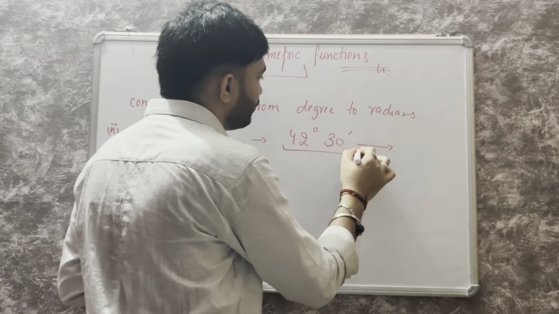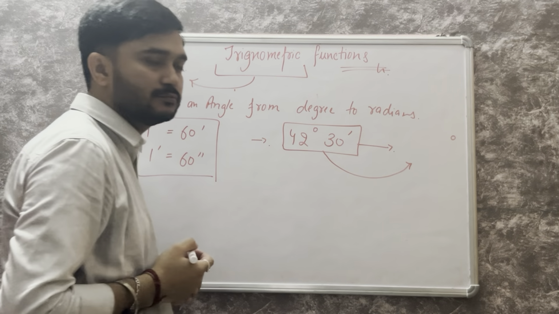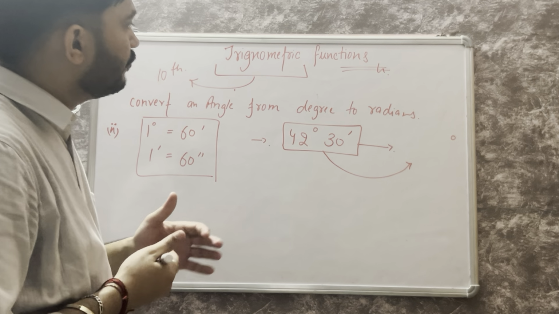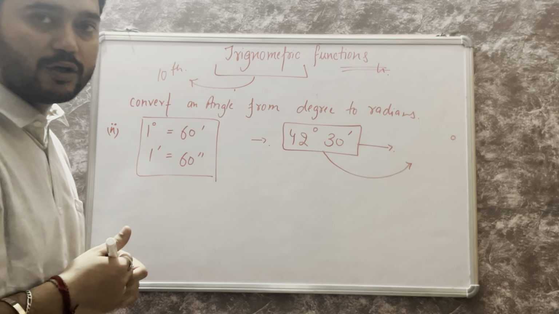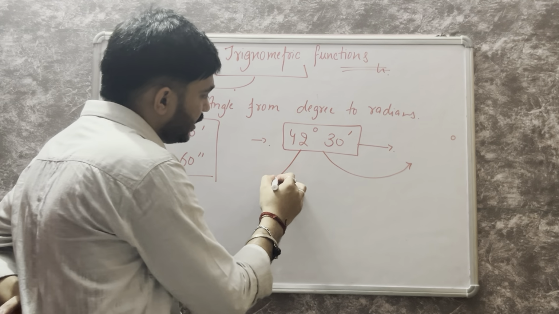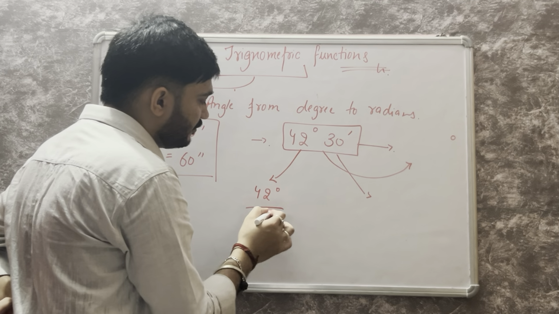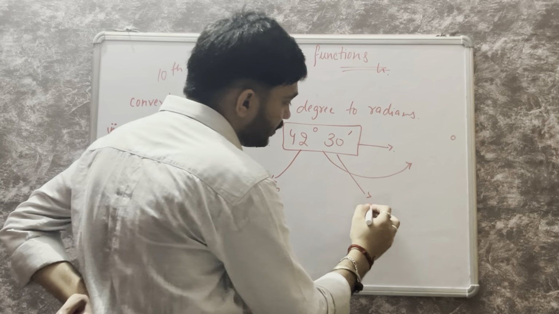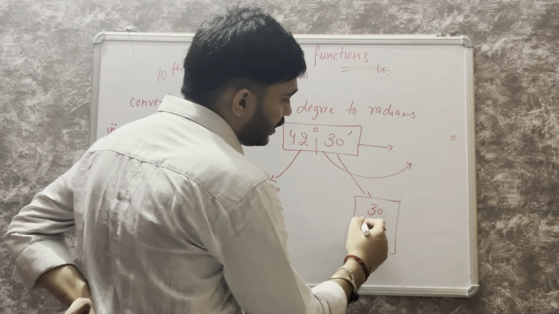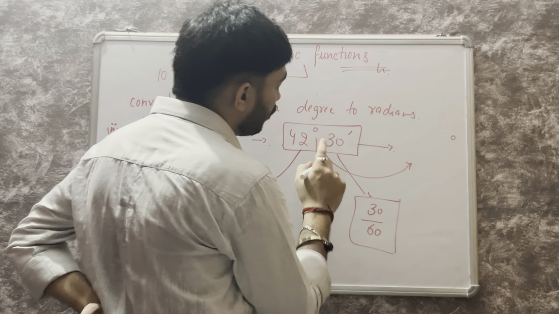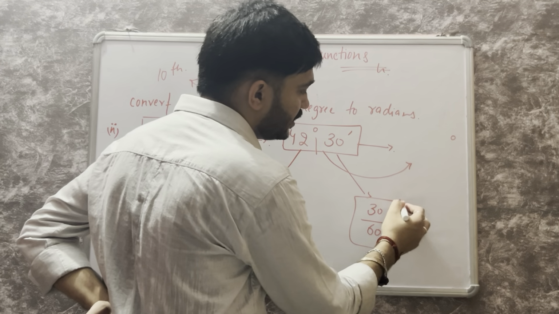So our first step is going to be to convert this fully into degrees. It means that we are going to convert the minutes into degrees. How are we going to do so? Divide it into two parts. First is 42 degrees, leave it as it is, and then the second part, 30, divide that number by 60, because we know that in 1 degree there are 60 minutes, and put the sign of degree on it.